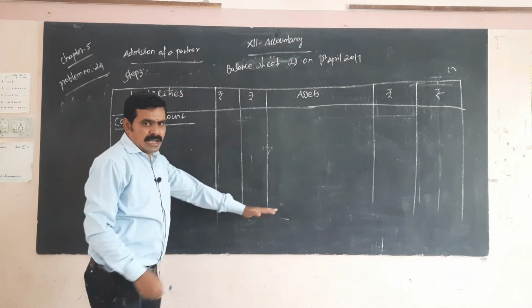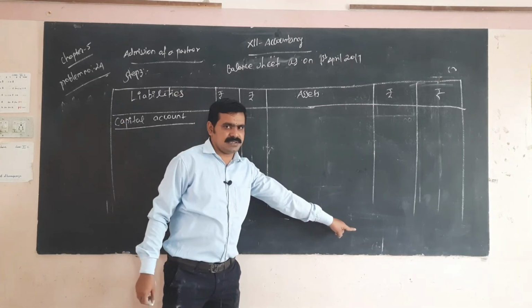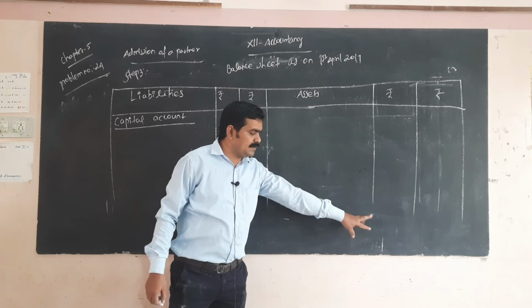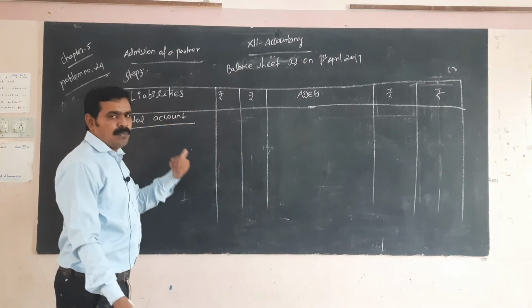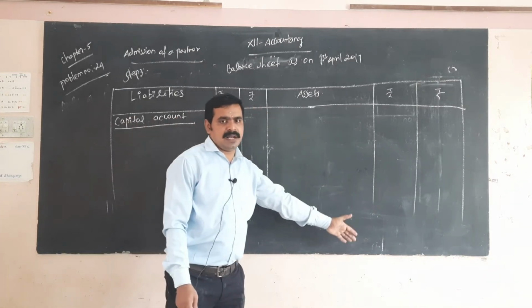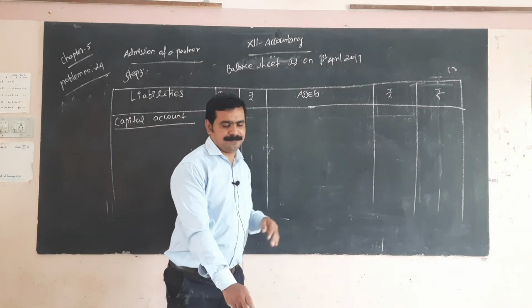You already calculated one value, that is 27,075, then 15,025, then 10,000. Now you have to take that amount, the opening balance for that partnership firm.